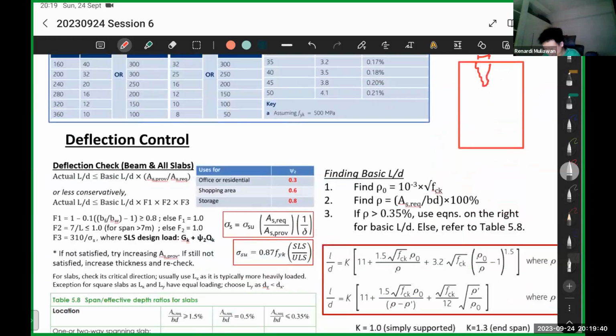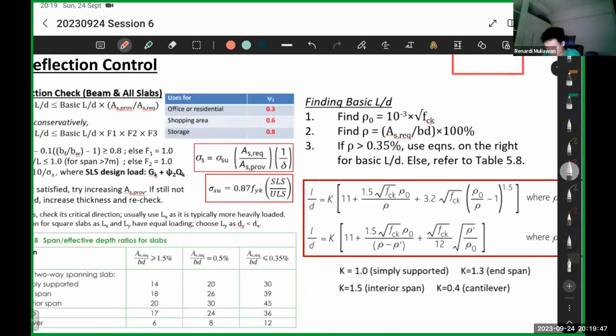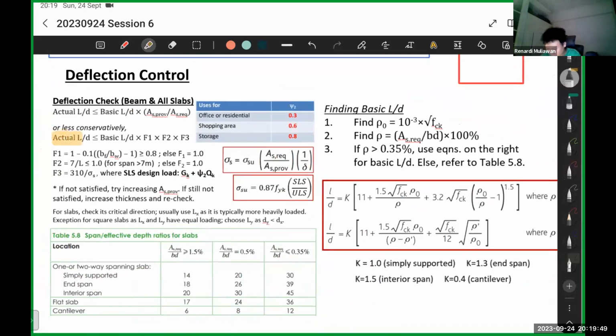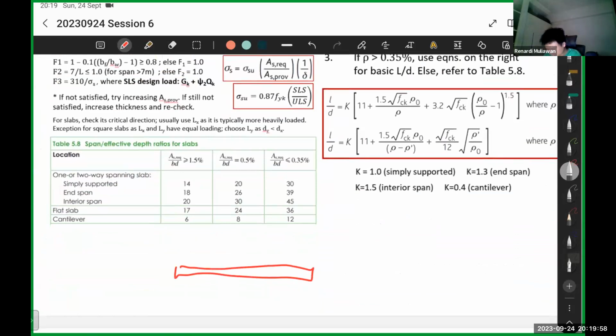Okay, then the second one is a little bit more complicated. This one is deflection control. The main formula that we're going to use is this: actual L over d. It basically means, let's say you have a beam, something like this. Let's look at the cross section. If you were seeing the cross section, you're basically seeing it from this side.